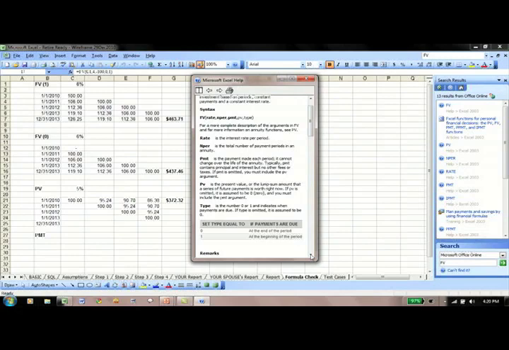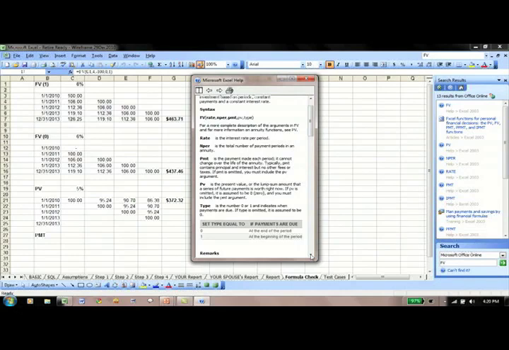It's made at the end of the period. The second payment is made on the 31st of December 2012. And so if you give it a time scale, it basically assumes that the payments are made at the end of each period. And it gives you the future value for that payment stream.